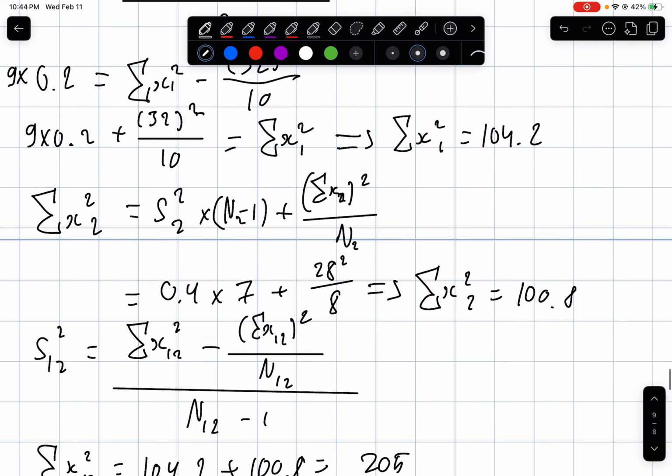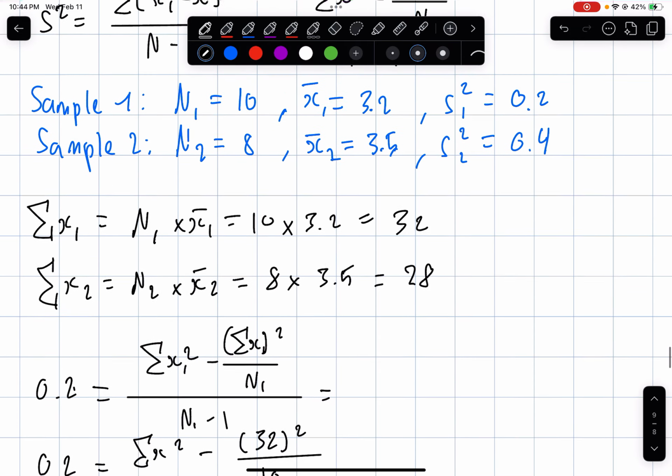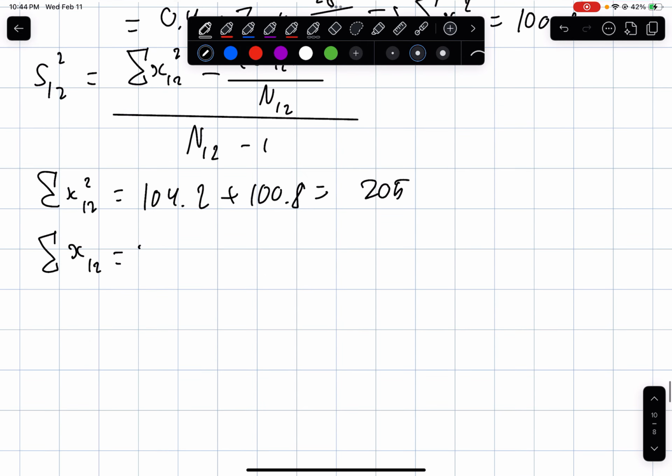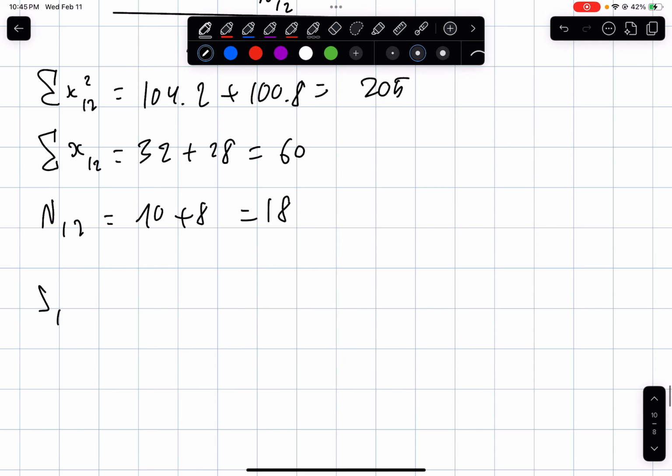Next we need our sum of x of samples 1 and 2. We have already calculated this, which is just 32 plus 28, which equals 60. And last but not least, we have the total size of the elements, which we already know is 10 plus 8, so we get 18. So we can plug this all into our formula.